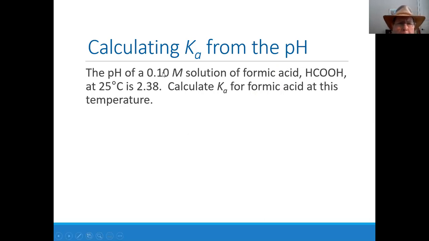I've got a 0.10 molar solution of formic acid. The pH is 2.38. If I have a pH, can I get the H3O concentration? Yes. Thank you very much, Natalia.